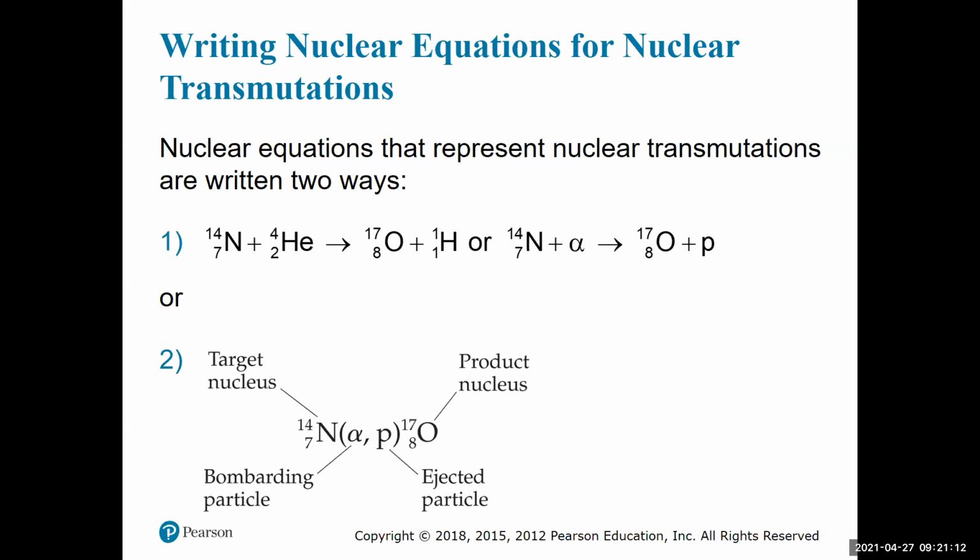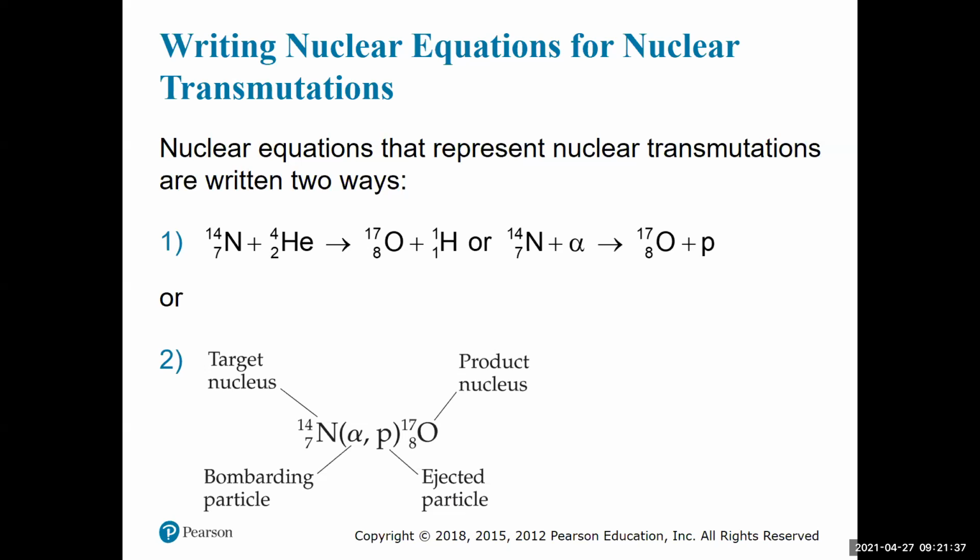Remember, the mass number is the one on top, the atomic number is the one on the bottom. On the left-hand side, we have 14 plus 4 is 18. On the right-hand side, we have 17 and 1, so that's 18, so that balances. Down at the bottom, we have 7 plus 2, that's 9. On the right-hand side, we have 8 plus 1, that's 9 also, so that balances.